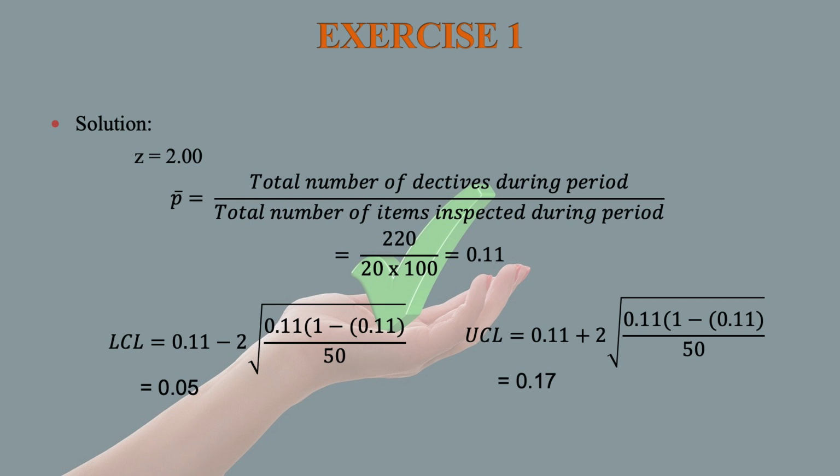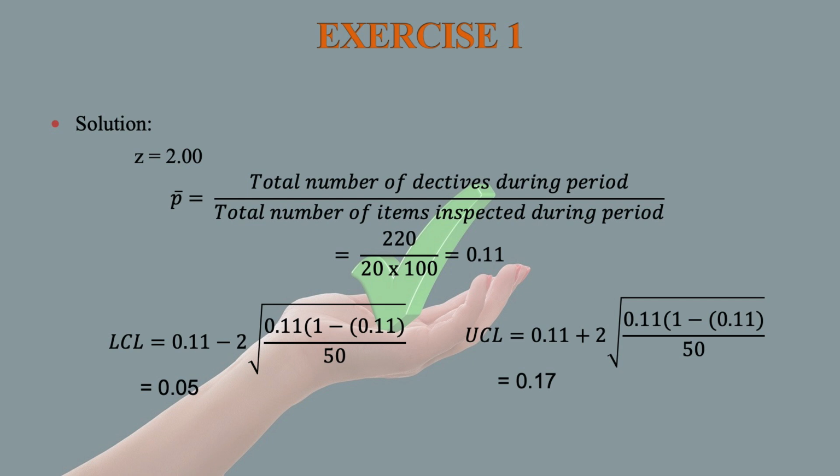So here the total number of defects is 220 and the total number of items is 20 into 100, because the number of samples is 20 and in each sample the total number of items is 100. So there is no problem for calculating P bar. P bar is equal to 220 divided by 20 into 100, that comes out to be 0.11.